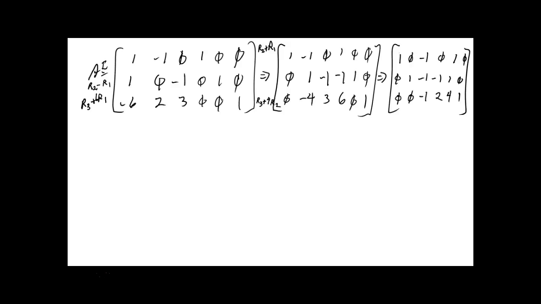Okay, not quite yet. Next thing we want to happen is the first non-zero entry in row 3 to be a positive 1, and it's a -1. So how do we make that into a positive 1? Multiply everything in the row by -1, right?